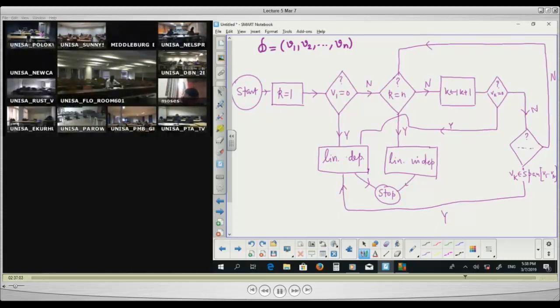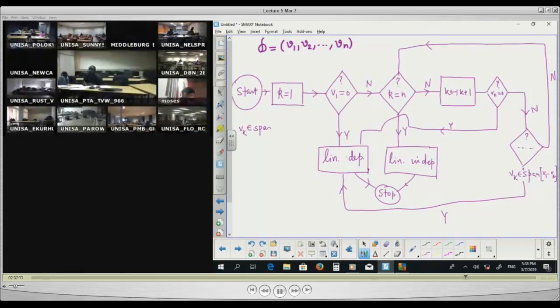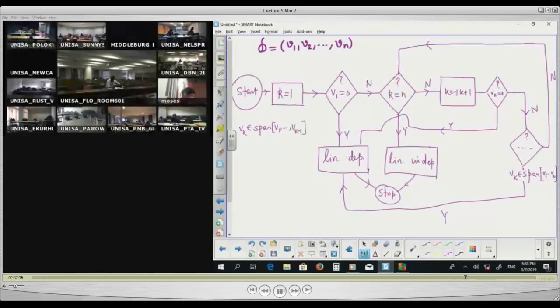That means you have to find scalars such that Vk equals the combination. Right?